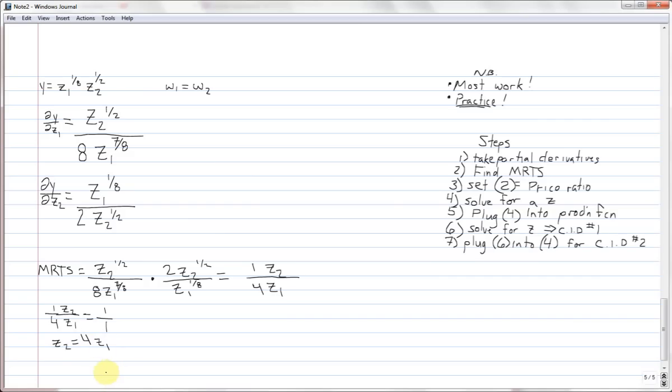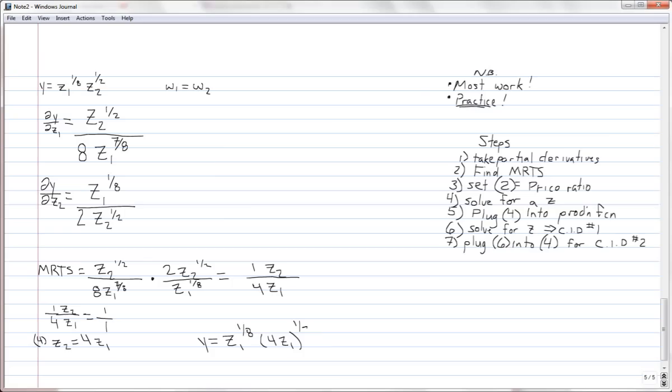Okay, so now I'm going to plug this equation, which would be step 4 if I was keeping track of my steps, into the production function, which is y equals Z1 to the 1/8, Z2 to the 1/2. So y equals Z1 to the 1/8, and then instead of Z2, I'm going to write 4Z1 because that's the same thing.